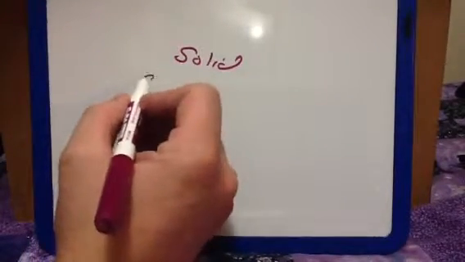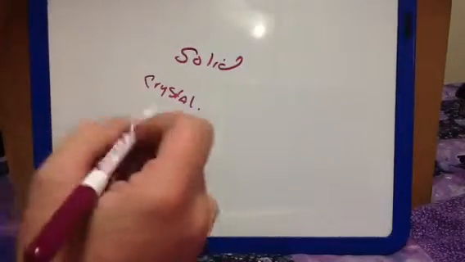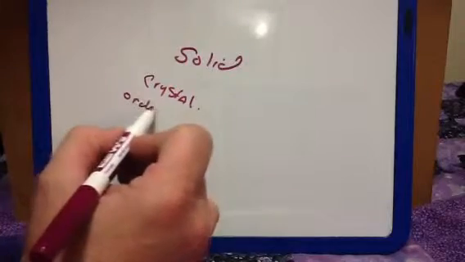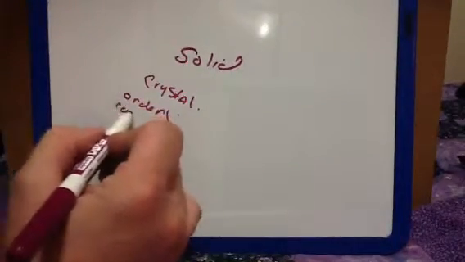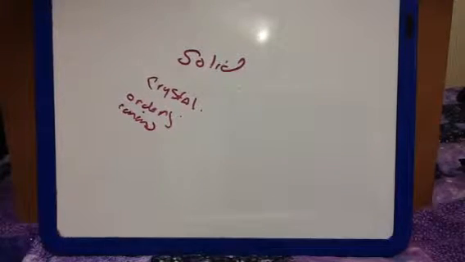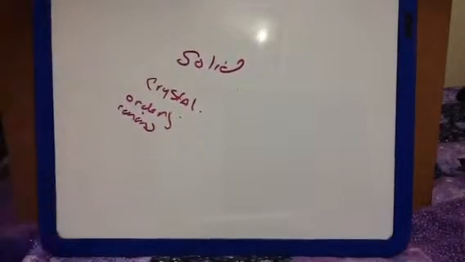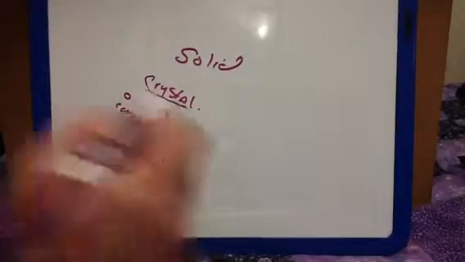We can have what's known as a crystal, and a crystal is a very orderly, very concise arrangement of atoms. It repeats, there's symmetry, and so on and so forth. That's the definition of a crystal.